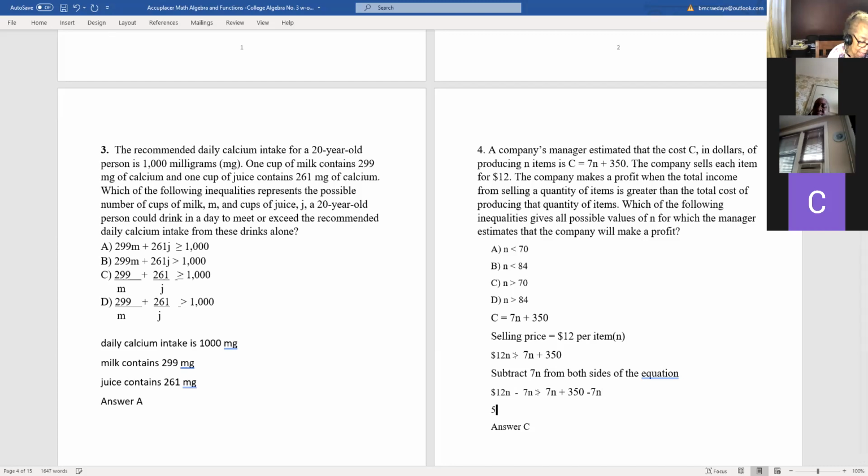That's right. I get 5N. And what do I get on the right side? A plus 7N and a minus 7N, Latoya, gives you what?